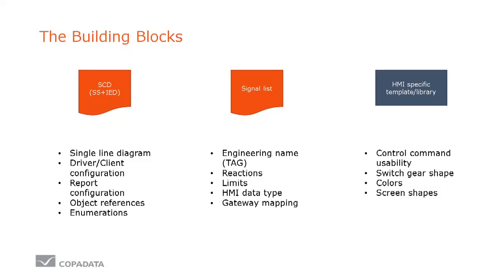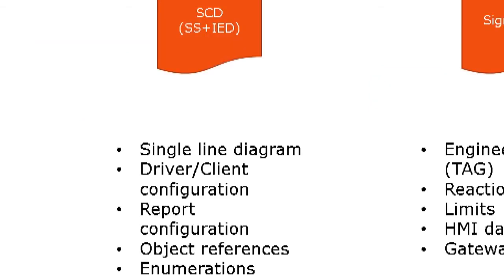And this is recapping that. So we have these three building blocks currently. We have the system configuration description based on 61850 with the single line diagram, driver configuration, reporting configuration, and so on and so forth.